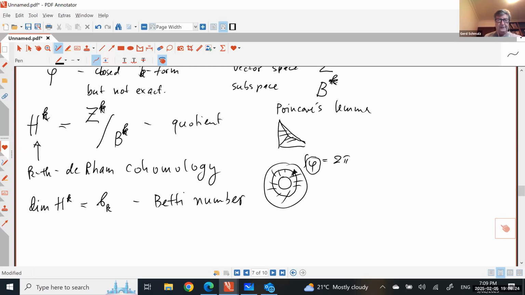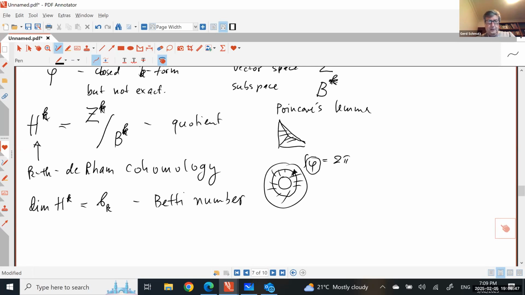So the Betti numbers tell us something about the topology of a manifold. Some mathematical results are about Betti numbers, about the sum of all Betti numbers, or some alternating sum of Betti numbers. This tells us something about the topology. Not everything, but quite a lot.